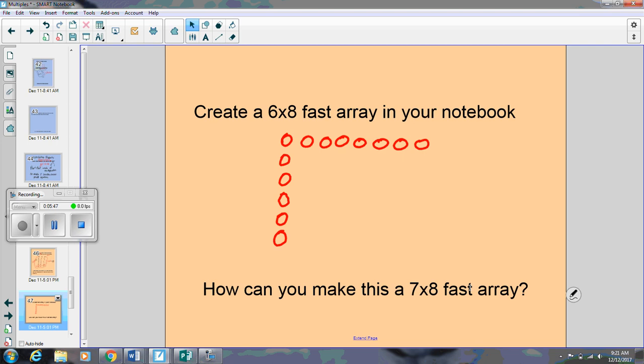I'm just going to add one dot here. Because I have 1, 2, 3, 4, 5, 6 going down. Here are my 6 rows ready to go across. And I'm adding my 7. So now I have a 7 by 8.